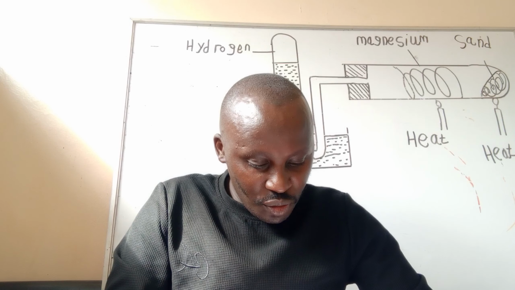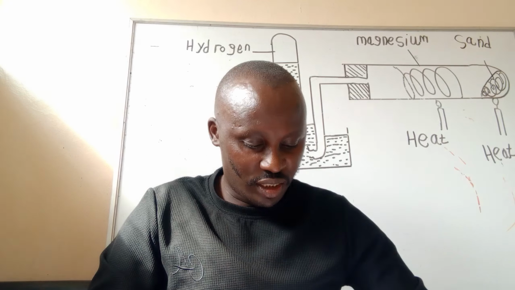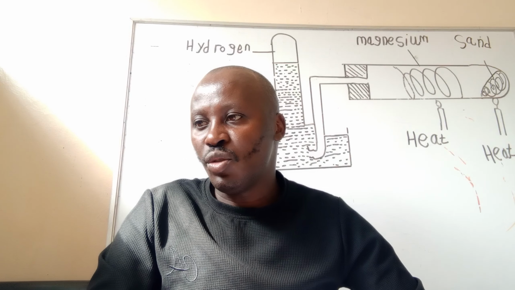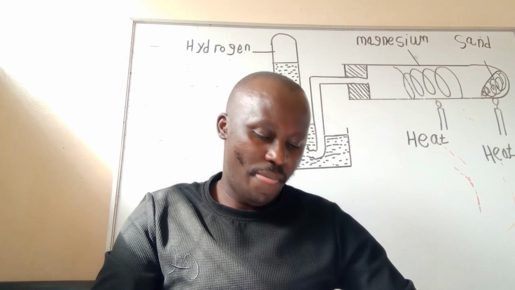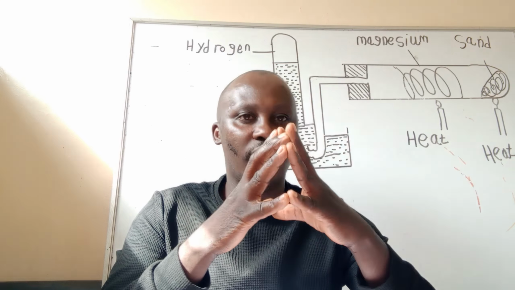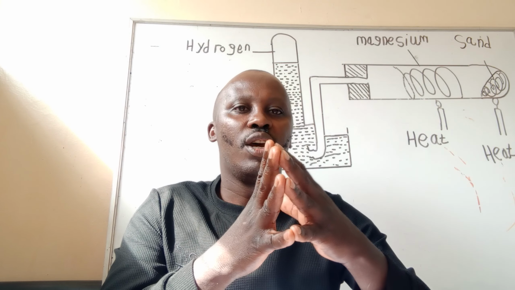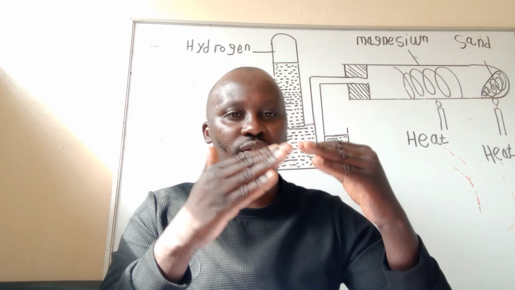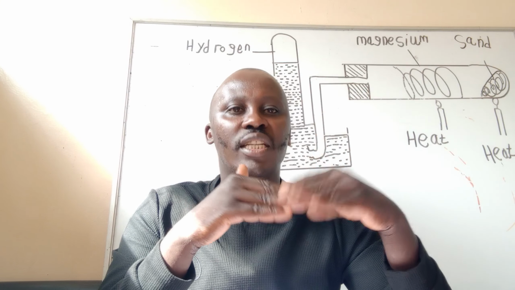Then, commercial uses of hydrogen. State two commercial uses of hydrogen, and in this case we want to be very specific. There is a difference between commercial uses and industrial uses. If you are supposed to give the industrial use, give the uses of hydrogen in industry.